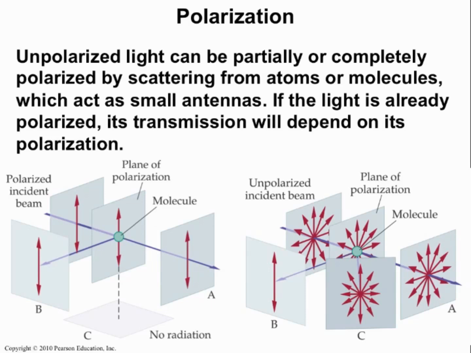And it polarizes because of the orientation of the molecules. If the molecules get excited by a polarized incident beam, then whatever radiation the molecule re-emits in the scattering will also be polarized.